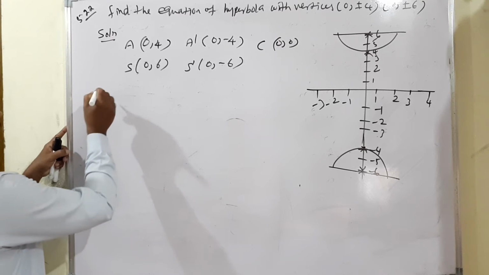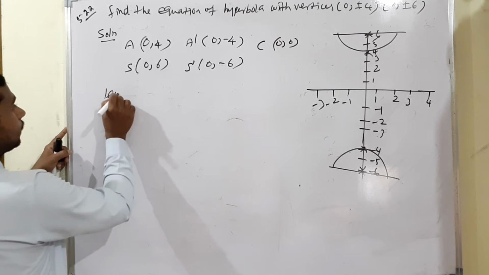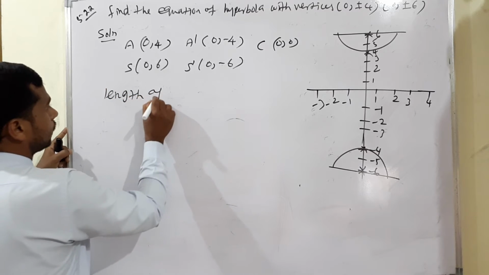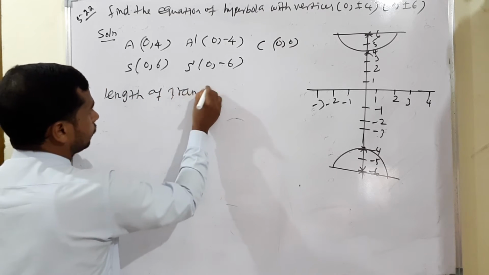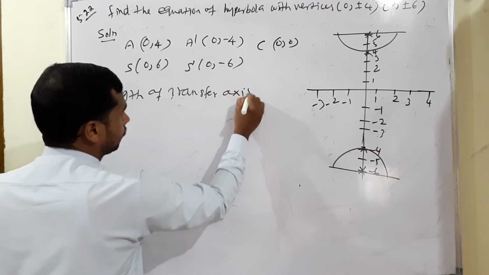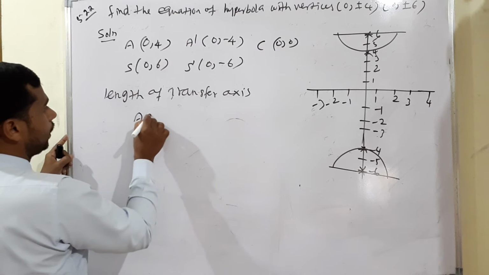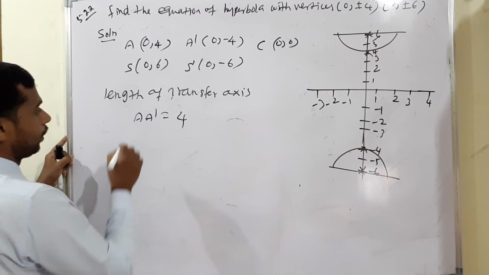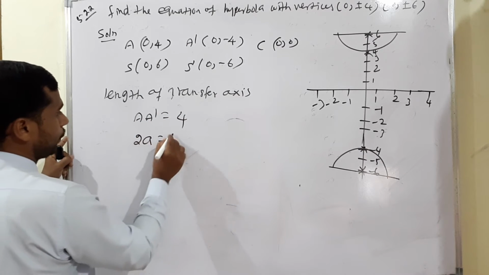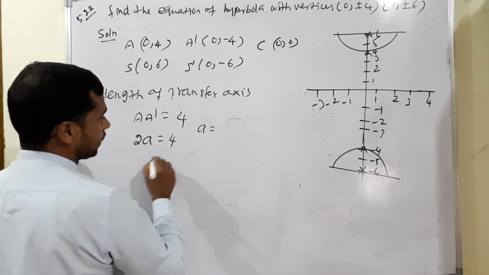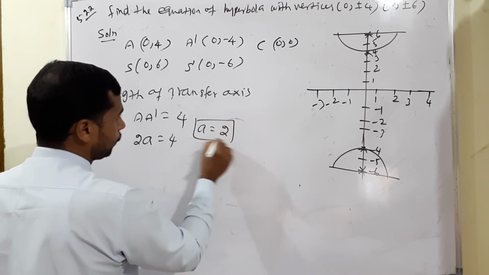First one, length of transverse axis, that is A to A dash. So A dash is equal to 4. Therefore A dash means vertices. 2a is equal to 4 means a is equal to 4 divided by 2, value will be 2.